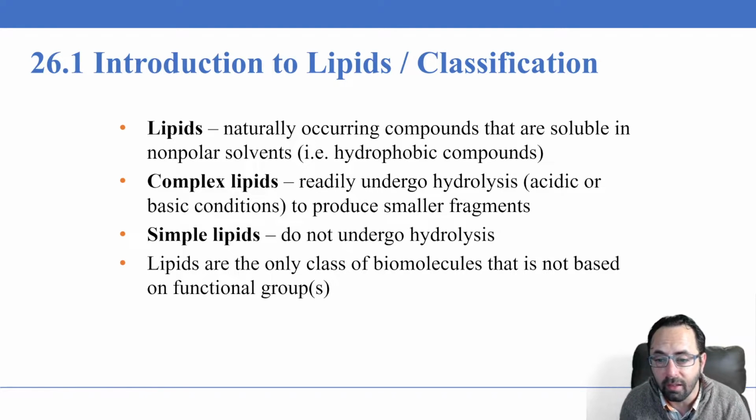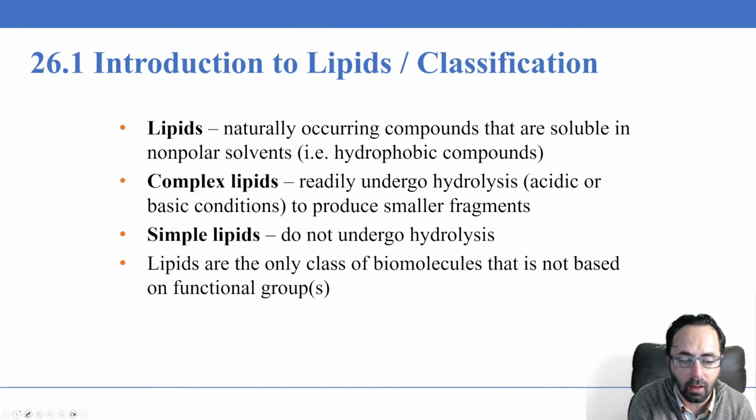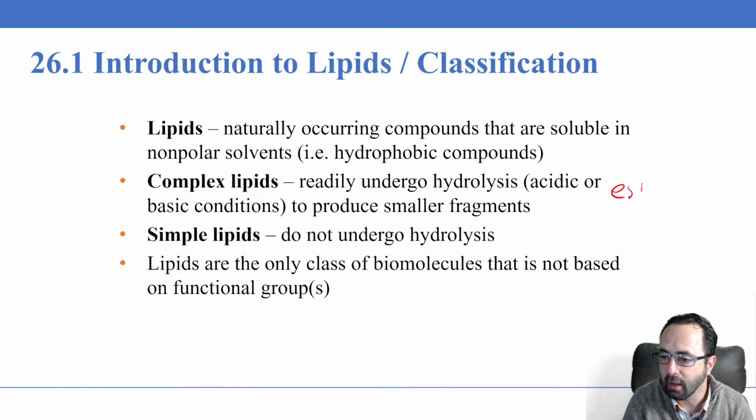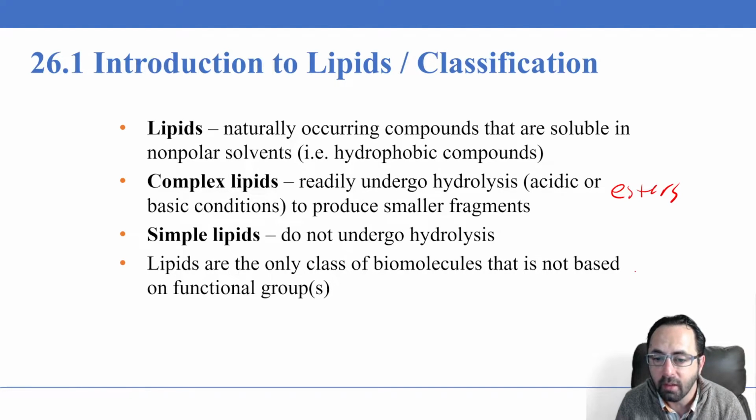What differentiates one from another is that complex lipids have esters that you can hydrolyze. And you can hydrolyze these and break the lipid into smaller fragments. Simple lipids do not have esters, so they cannot undergo the hydrolysis of esters. So that's the difference between them, not the size or the complexity of the molecule, but whether they have an ester functional group or not.